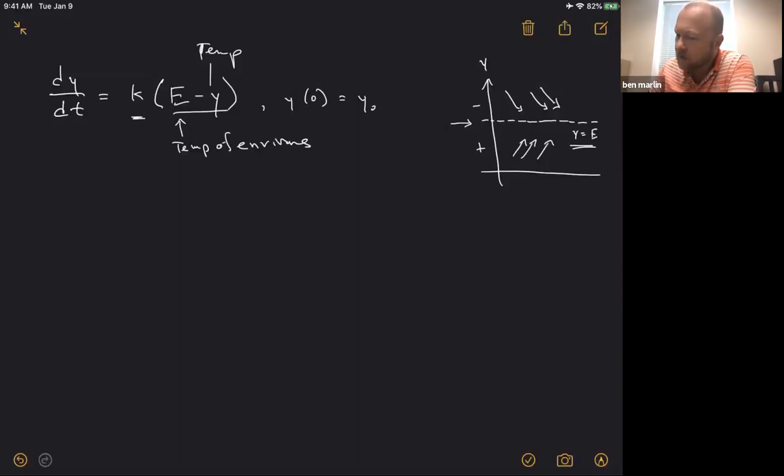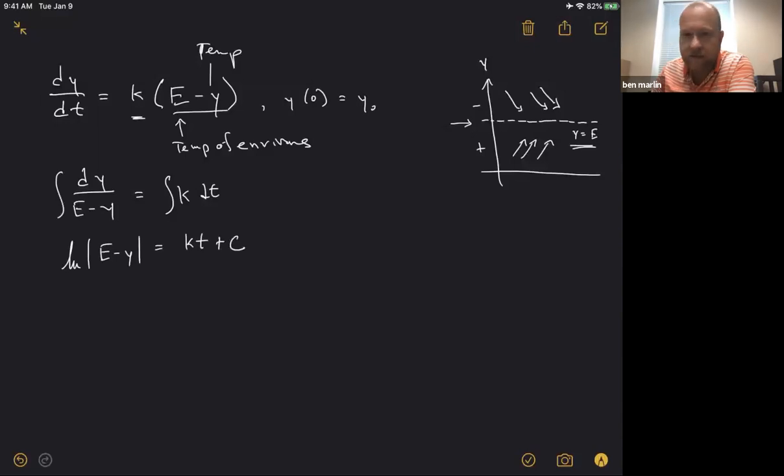But insofar as solving this here, we can then put dy over e minus y, and that's just by dividing. And then over here on the right, we'll have k times dt, and we're going to integrate both of those. The one on the left would be log of the absolute value of e minus y, and the one on the right would be kt plus c, okay? And then when you exponentiate, you'll have your absolute value e minus y is equal to, and then I'll have an e to the kt here.